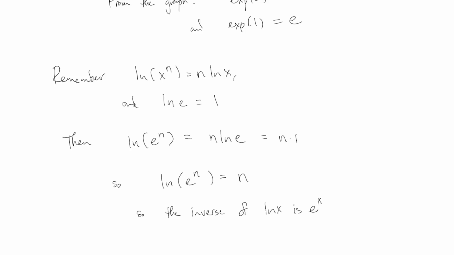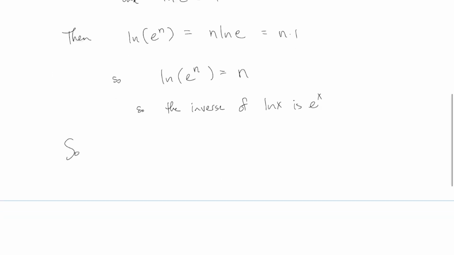The ln and the e cancel each other out, and you get back to what you started. And what that means is this, what I was calling exp of x, is actually the same function as e to the x, all right?